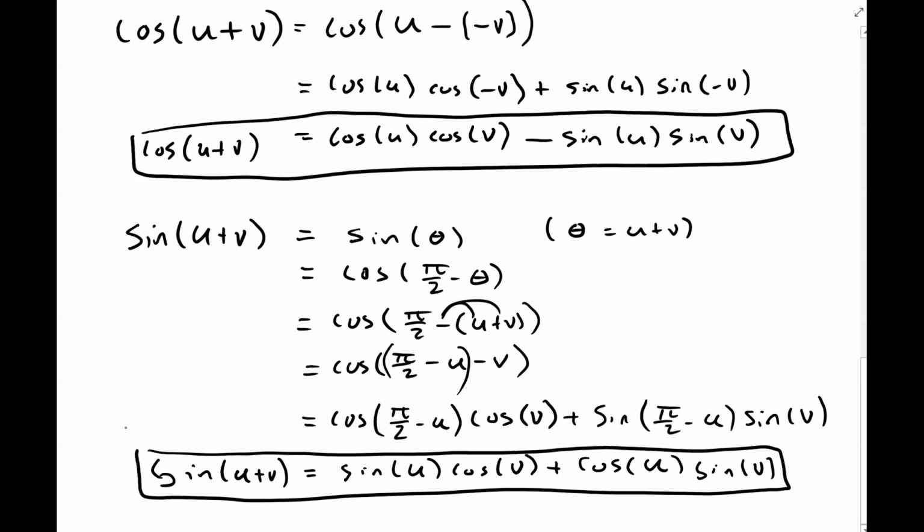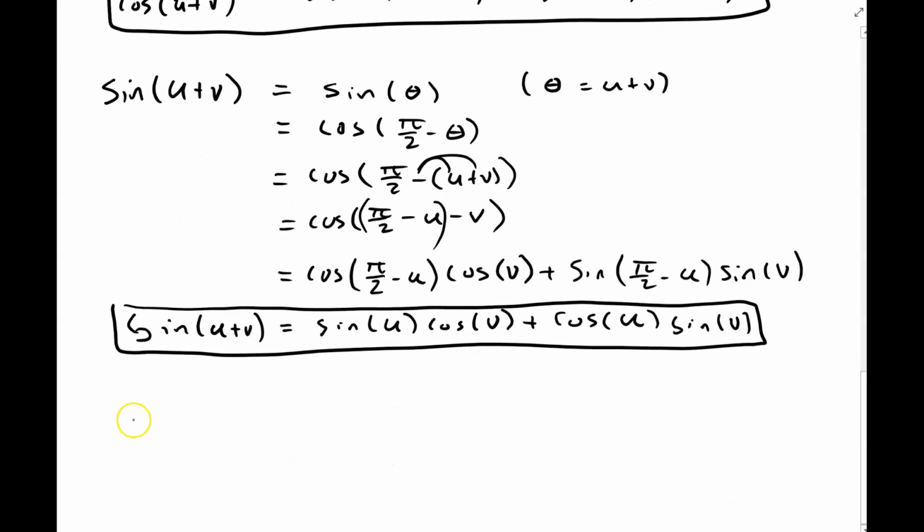How do you suppose I'm going to do sine of u minus v? I'm just going to think of it as sine of u plus a negative v and use the identity from above.